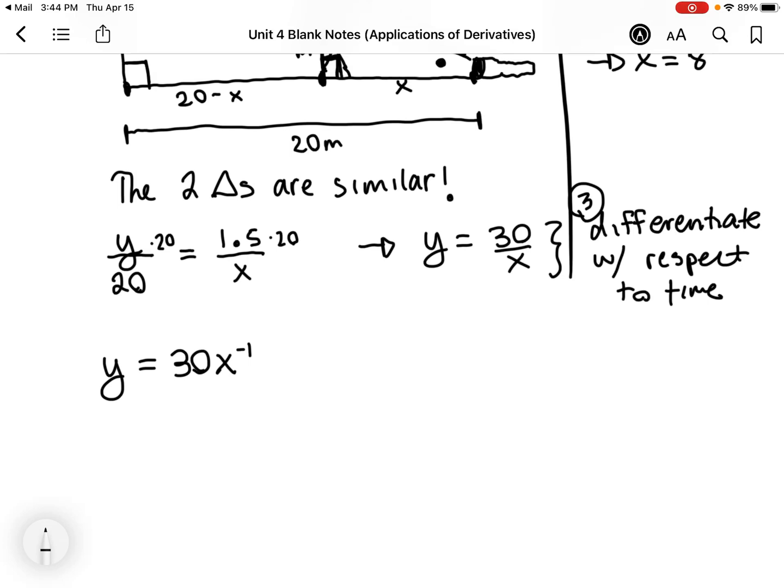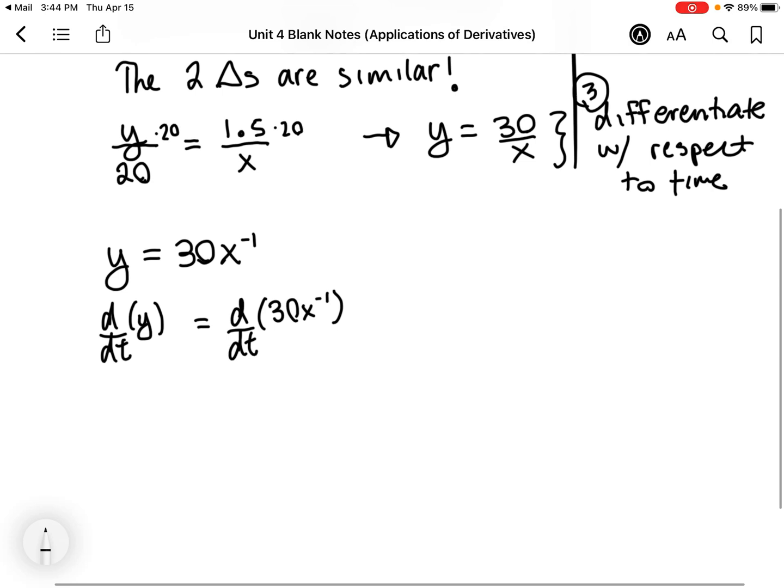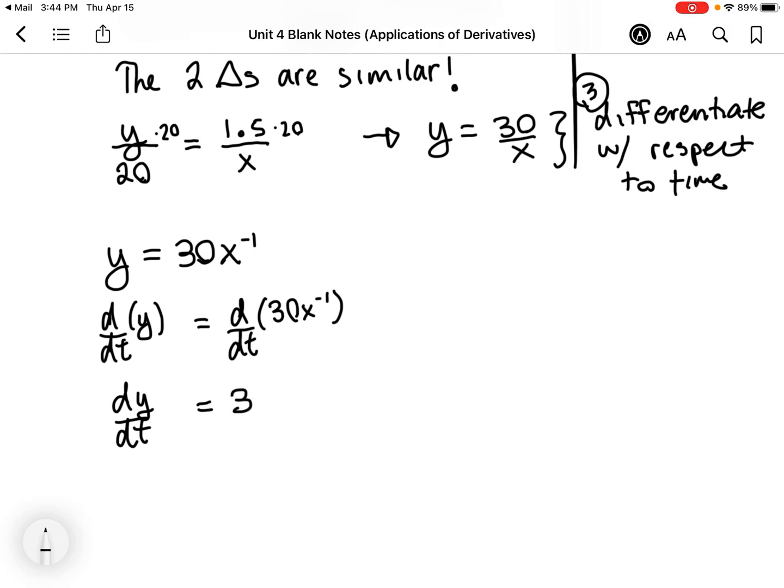So that if I take d by dt of y, that's going to equal d by dt of 30x to the negative 1, I'm going to have to take the derivative there so I can use the power rule. Okay, so this is just going to be on the left dy by dt. And on the right, I'm going to have 30 times negative 1x to the negative 2 times dx by dt.